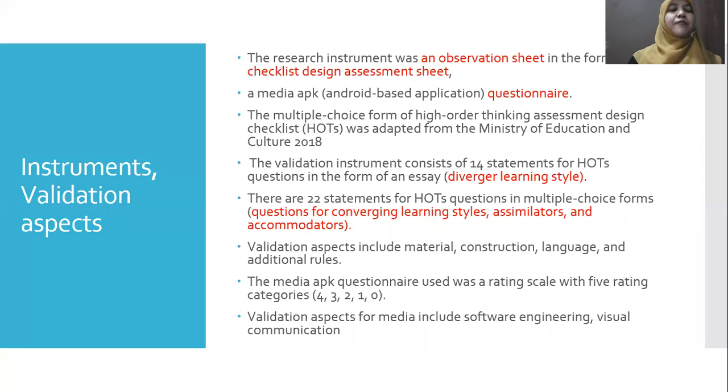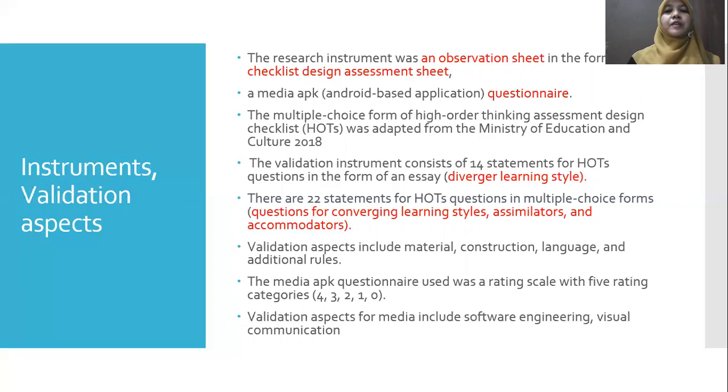For the instrument and validation aspect, we use an observation sheet, a questionnaire, and a multiple choice model of higher order thinking assessment design checklist, HOTS. The validation instrument consists of 14 statements for HOTS questions in the form of essay for the divergent learning style, and for the other learning styles we use 22 statements for HOTS questions in multiple choice form.